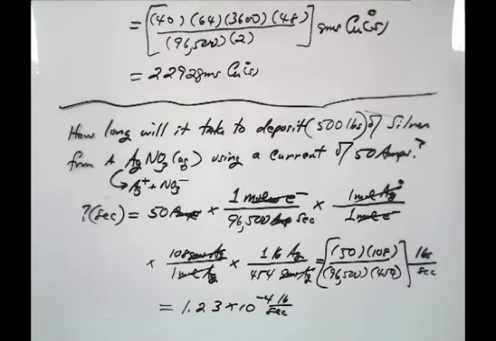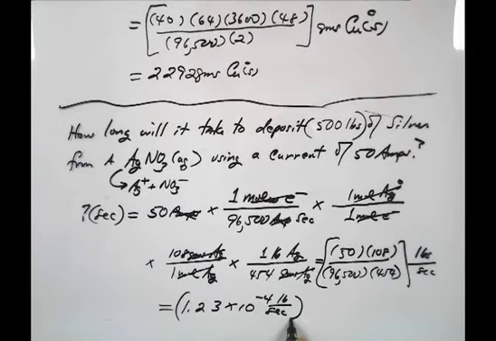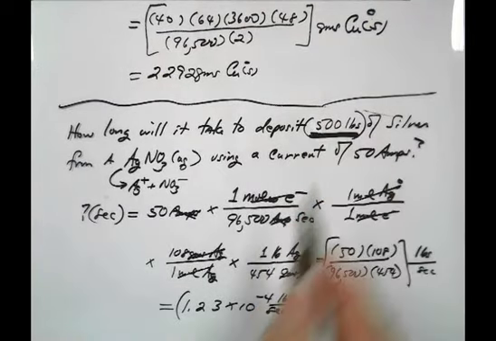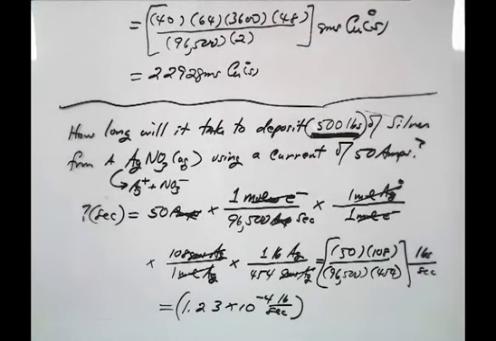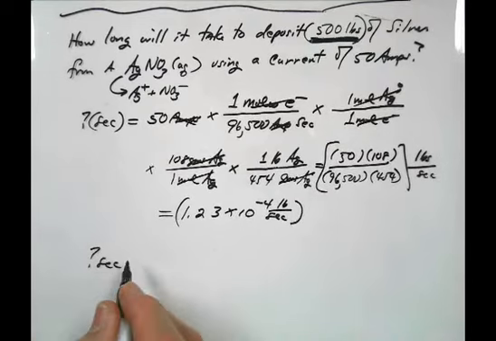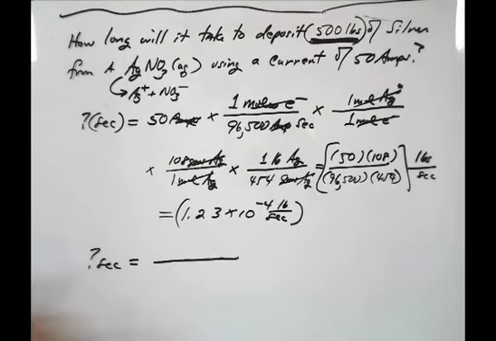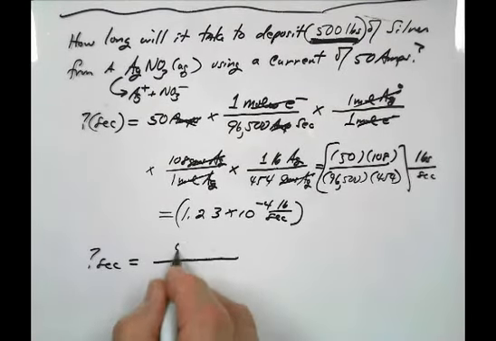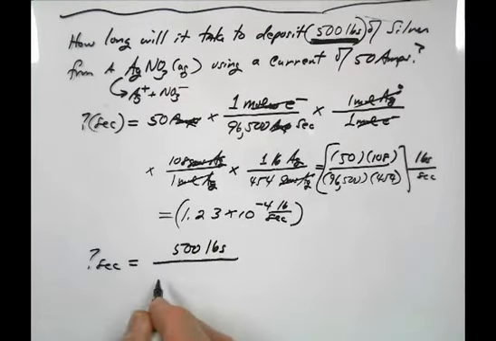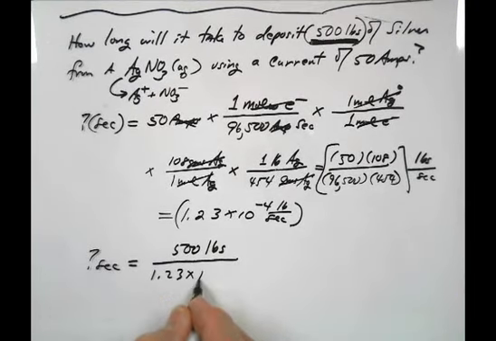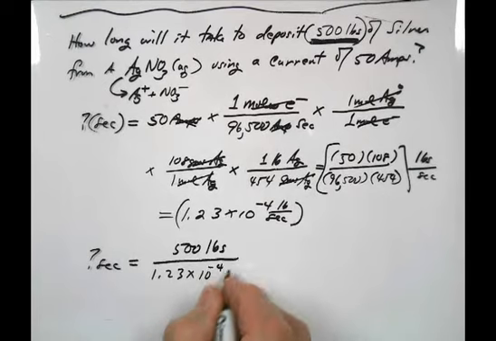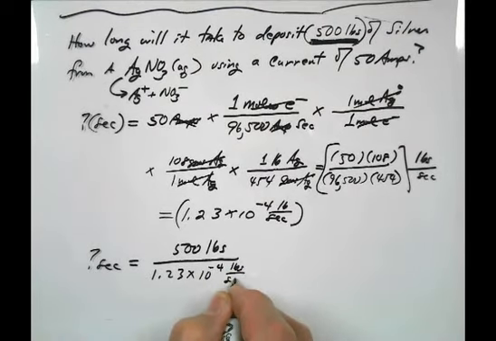Okay, now I need to take this and my 500 pounds and mathematically combine them so that I wind up with seconds. I'm looking for seconds. So I will divide into 500 pounds this 1.23 times 10 to the minus 4 pounds per second.